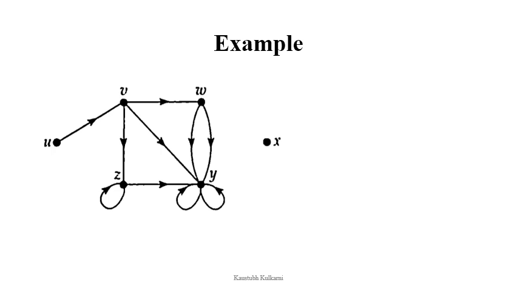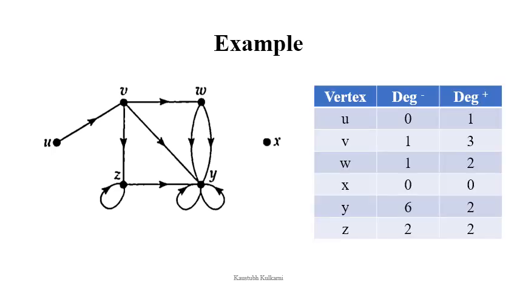For V, there is only one incoming edge and three outgoing edges, so in degree 1, out degree 3. For W, one incoming edge, two outgoing edges, and I think you get the point. Okay, so this is how you can calculate. Again, we have an isolated vertex here, and we can say U is a pendant vertex.